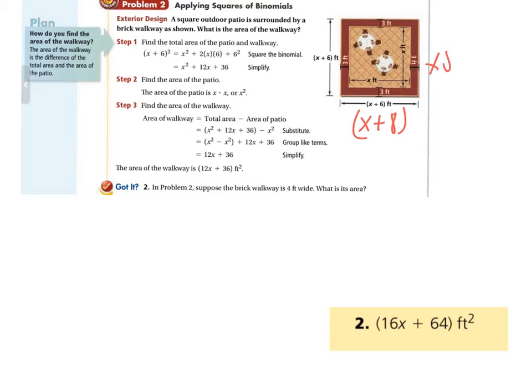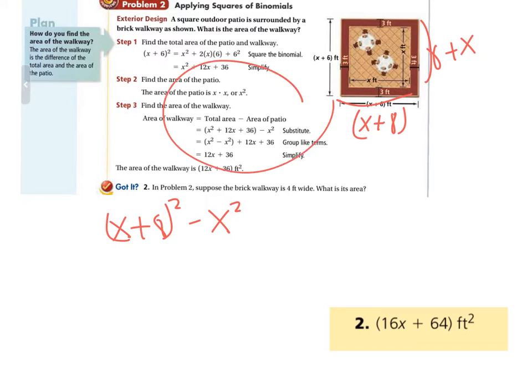And on the same side over here, it also becomes x plus 8 going this way. Notice we have 8 plus x, same thing. So what we've really got is our x plus 8 squared minus the area of the square, which is x squared. And we discussed that up here.